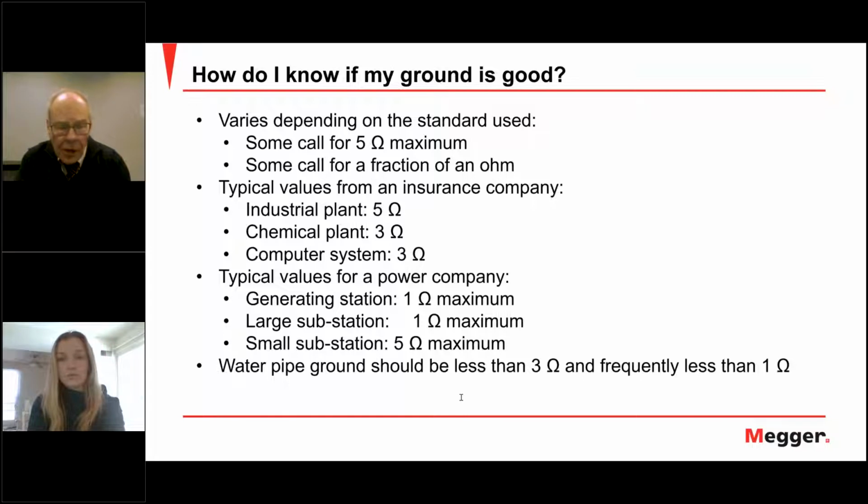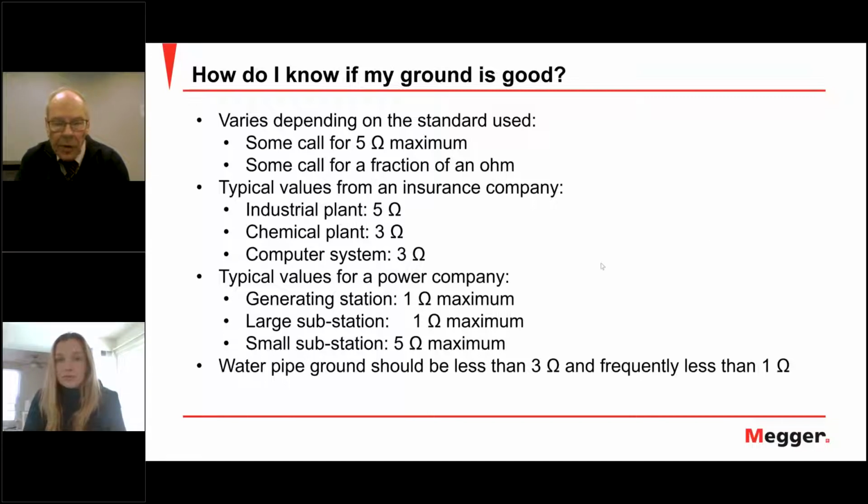So for those standards, you want to have a much lower ground resistance. And industry standard for commercial and industrial is pretty much 5 ohms. So generally, if you can get under 5 ohms, you're good by most standards. And then there are some others that are more demanding. Industries like nuclear, for instance, will set up their own standard.